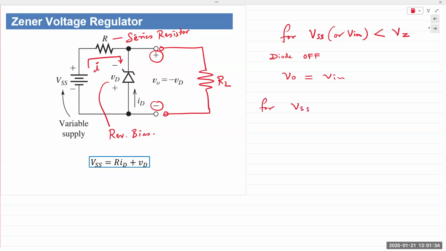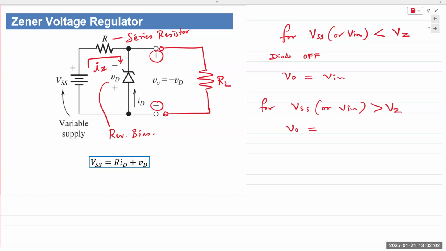For Vss or Vin greater than Vz, the diode turns on. When the diode turns on, it will allow current to flow through. Even though we say that ID and VD are flowing in opposite directions, the Zener voltage and Zener current would be flowing according to the normal sign convention.